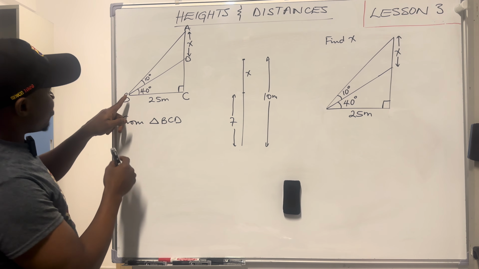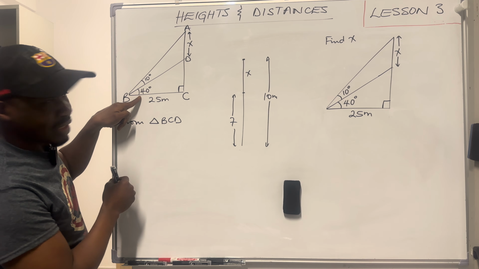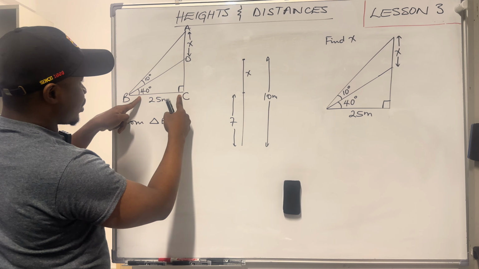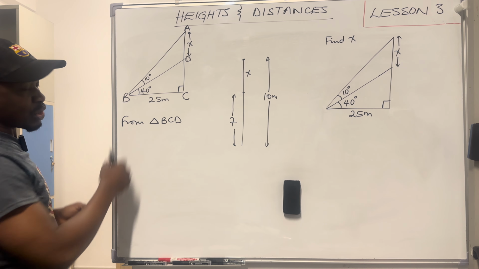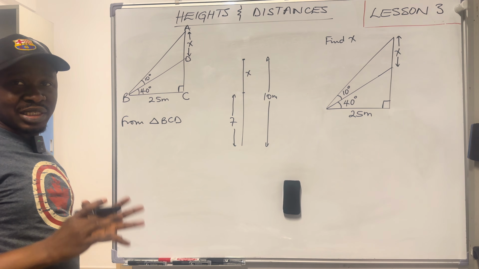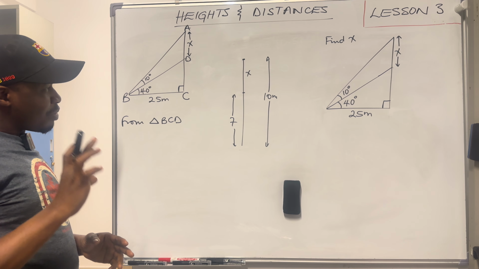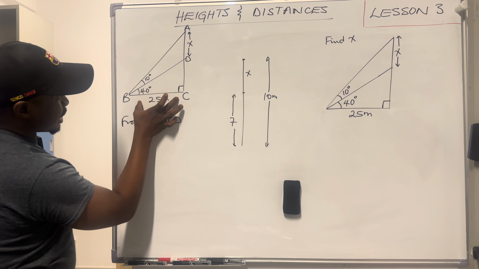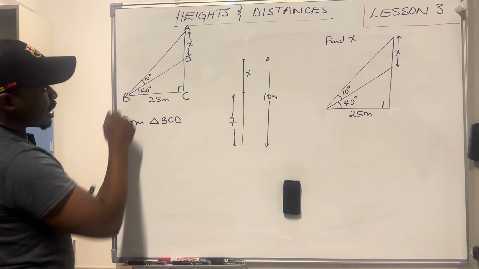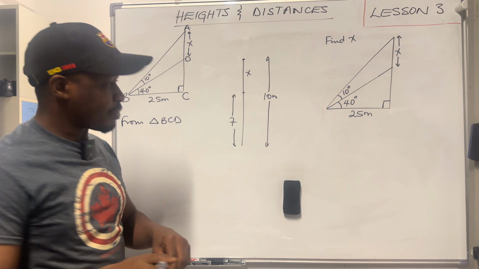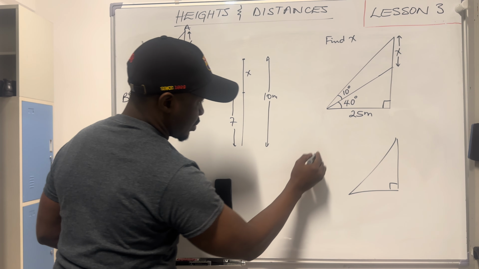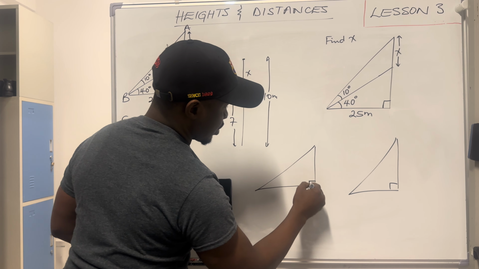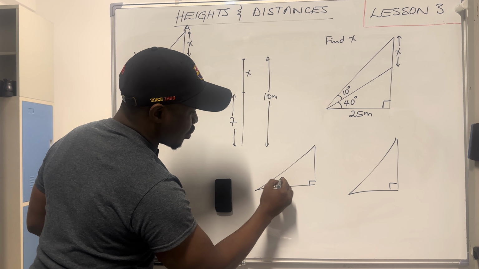Now, between the given angle 40 and the right angle, that side is called the adjacent side. Pay attention, please. This is the adjacent side, and we are given this. If you want to find one length, here we want to find the angle.